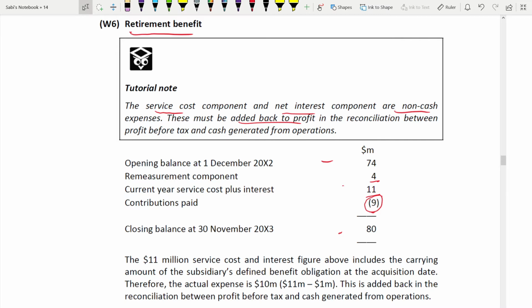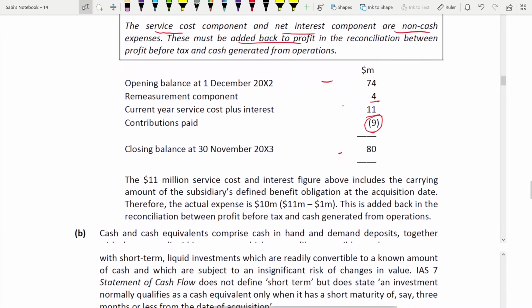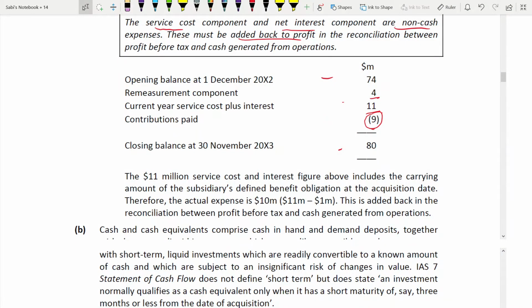Now, you must be wondering what is to do with cash here. So you read this. The 11 million service cost and the interest figure above including the carrying amount of the subsidiary defined benefit obligation at the acquisition date. Therefore, the actual expense is 10 million. What is actual expense? 10 million. This is added back in the reconciliation between profit before tax and cash generated from operations. 10 million is added in the cash flow statement.